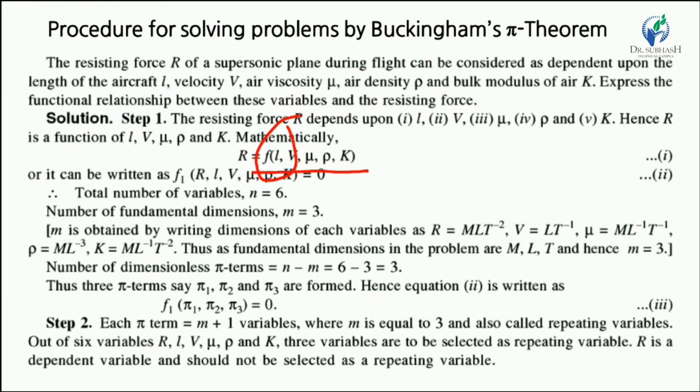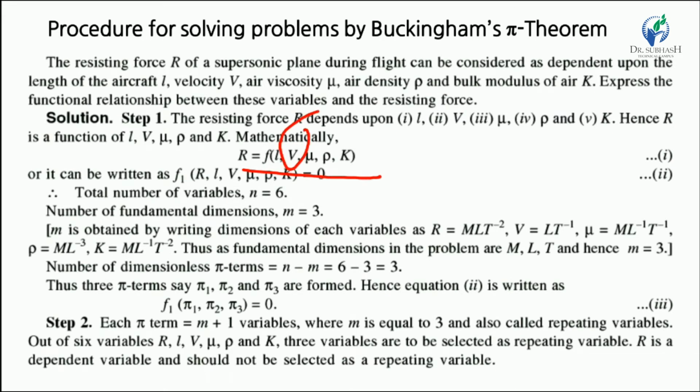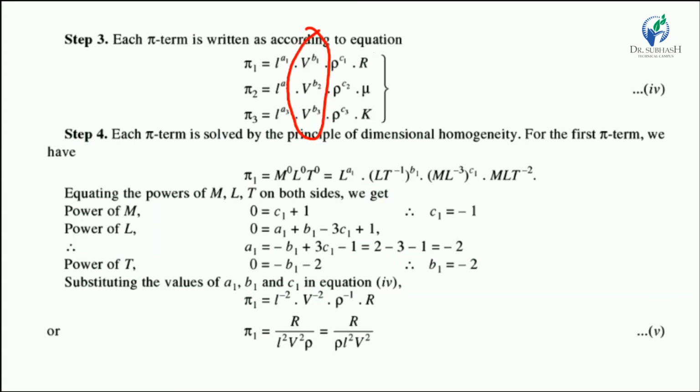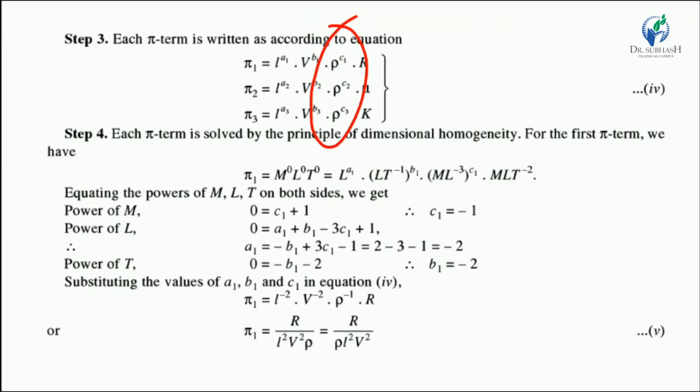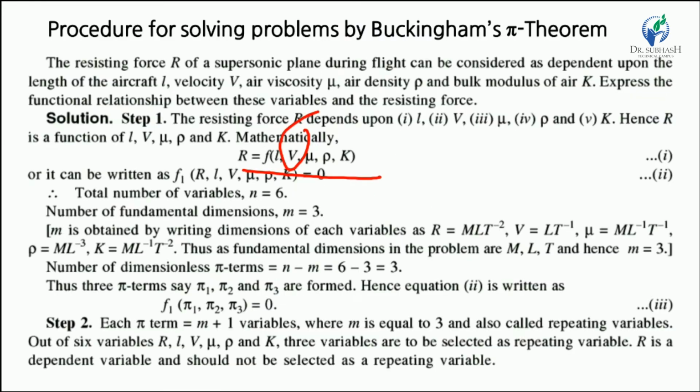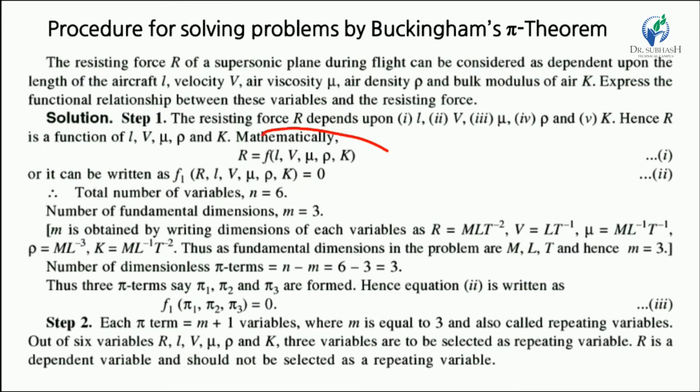Here the flow property is velocity or acceleration. So velocity is taken as the second repeating variable, and the third repeating variable is taken from the category of fluid properties.